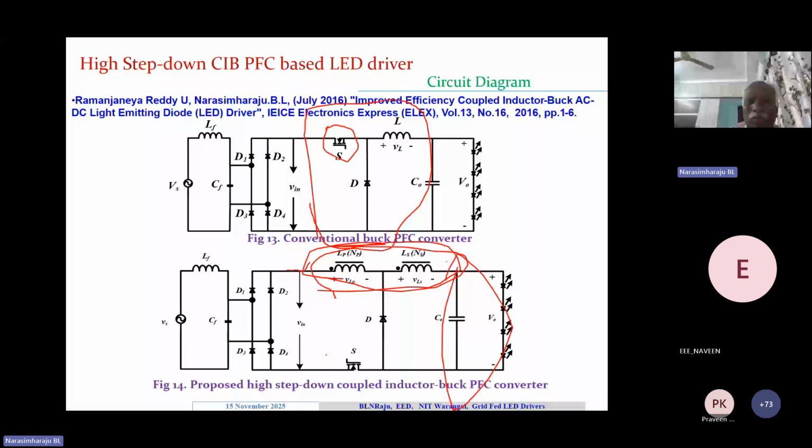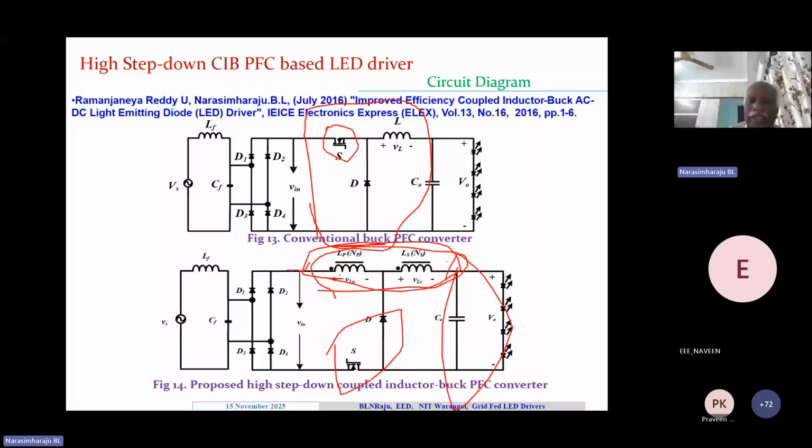That way we could counter that transient, which occurs only for a very small time during the turn off process of this device. So that is how we could safeguard this device as well, against the leakage inductance of these coupled coils.